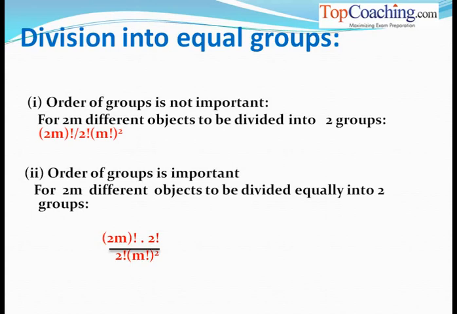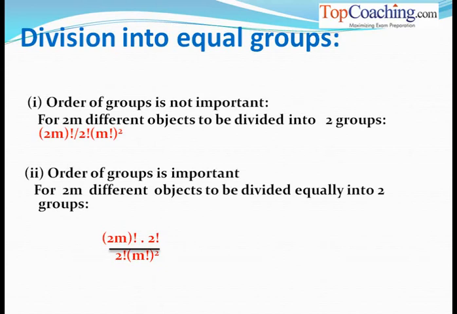This part is actually equal to the previous part, but the only difference is it is being multiplied by 2!. And why are we multiplying it with 2!? Because the arrangement of groups is important in this case. That is, the order of groups is important. So we can arrange them in 2! ways. So the total number of ways would be (2m)! divided by 2! into (m!) whole square multiplied by 2!.